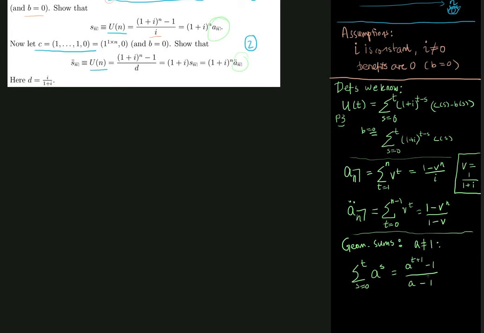I prefer the first form they write in the book. And if you're interested in how this is proven, you can take a look at the book.